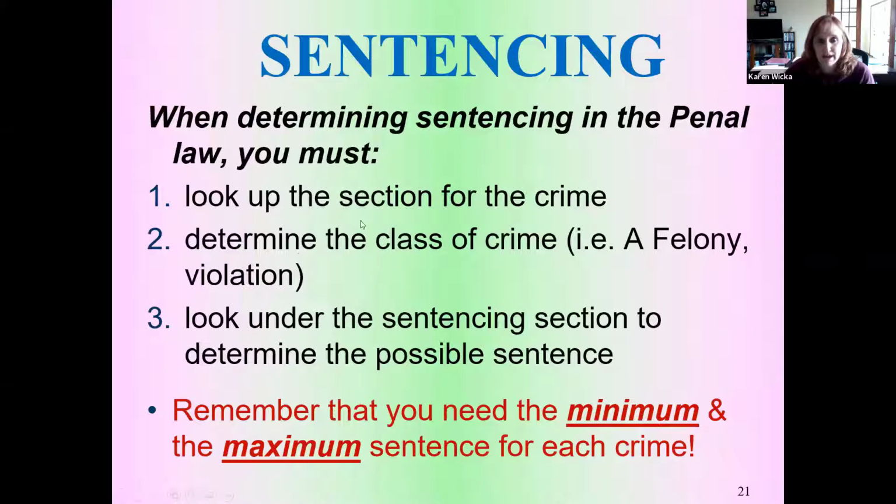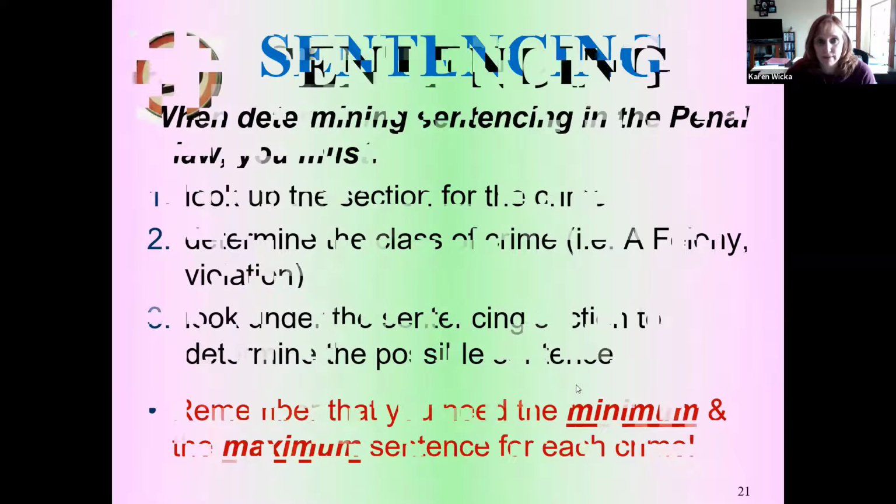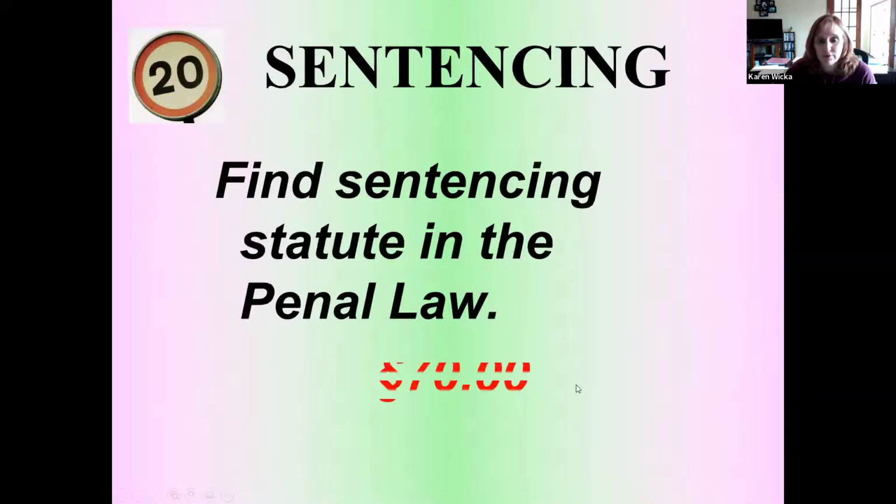Okay, so I explained this in the PowerPoint. When you're looking up sentencing, first you look up the section, then you find the class, which you guys all seem to do. And then you're going to look on the sentencing section. And we're going to have to determine the maximum and the minimum. So we are only going to use section 70.00. I think some of you on the exam use some other sections, and you don't need to use those other sections because it gets super complicated.